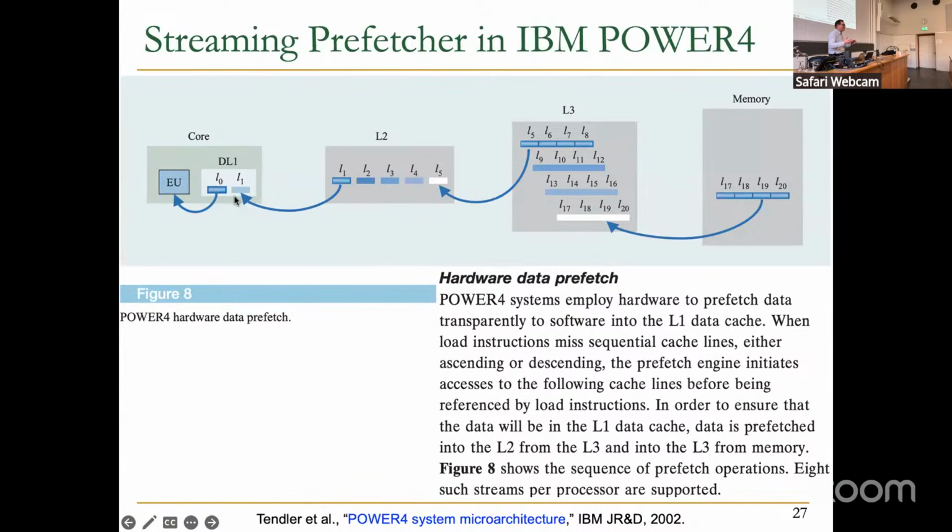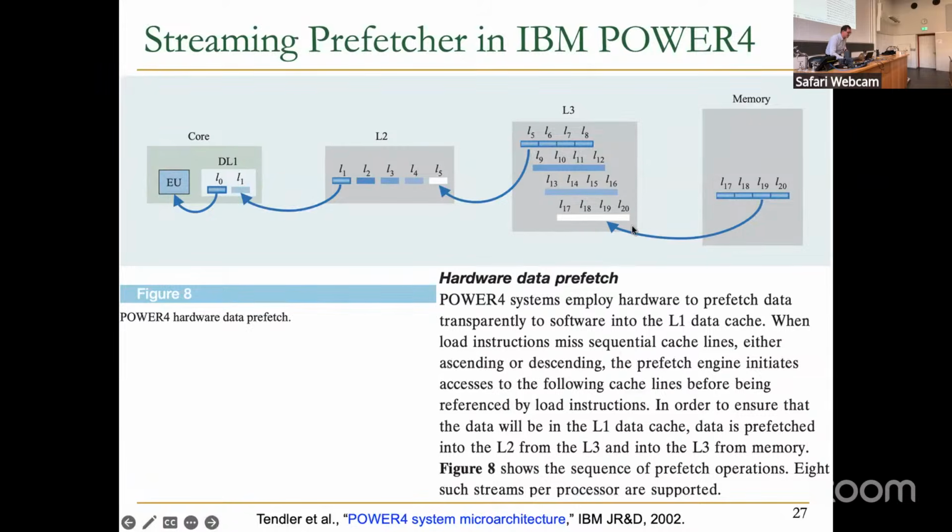They don't describe exactly how many stream buffers they have in this particular picture, but they logically describe that while you have cache lines L0 and L1 in the level 1 cache, you have L1 through L5 in the level 2 cache, and then you keep prefetching. You're prefetching line 1 into level 1, line 5 into level 2, and then you can see line 20 into level 3.